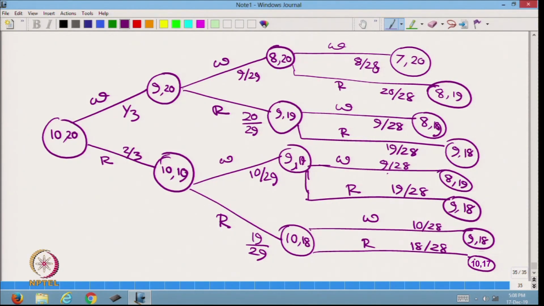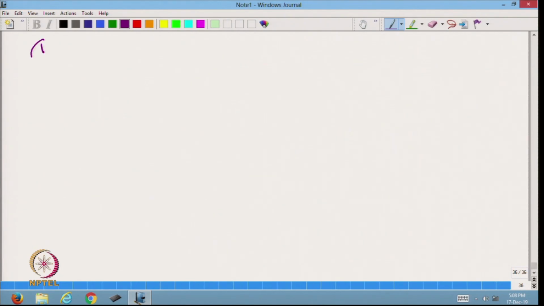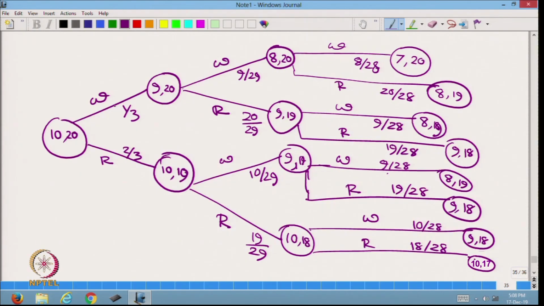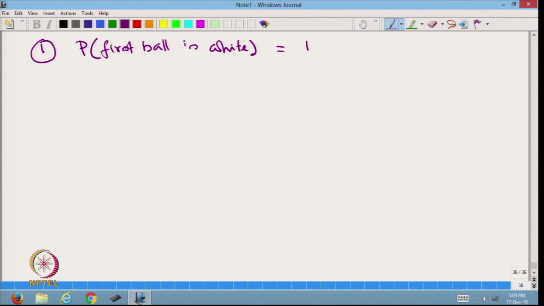Therefore, let us now calculate. Probability first ball is white is equal to, as you can understand, 1/3.